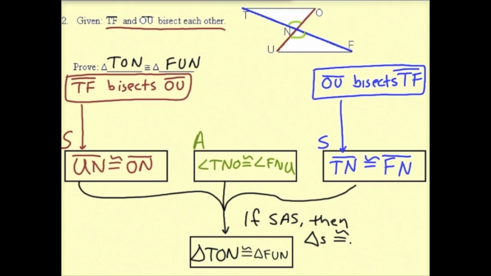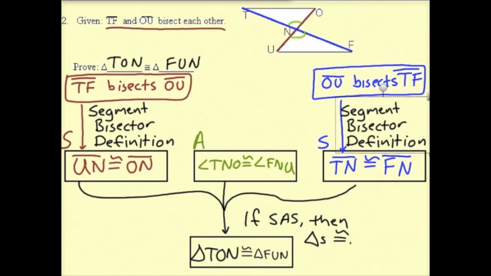Now, the connector reason, you have to ask yourself, what does bisect mean? Well, bisect means cuts in half. And so for each of these reasons, we're going to use the segment bisector definition. And lastly, we need to talk about where those green angles came from. The green angles came from the vertical angles, and always vertical angles are congruent. So we need a box that says, hey, I have vertical angles, and then the box below it can say that they're congruent.